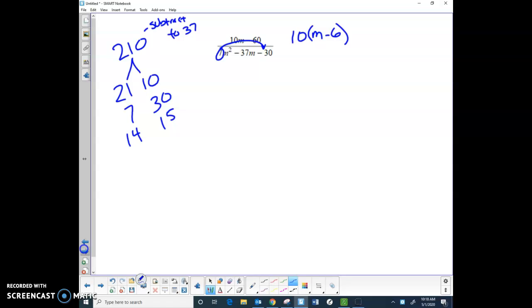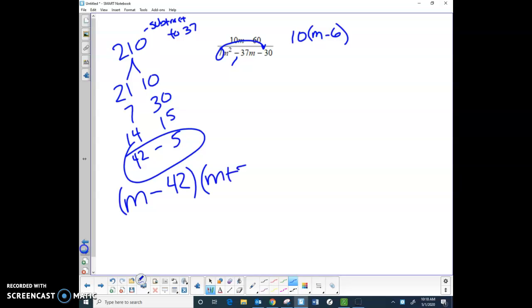So 15 is 3 times 5. 3 times 14 is 42, so 42 times 5 should work. And if I subtract those two, I get 37. This is the one I want. So my factored form is going to be m, and since the 37 is negative, I'm going to have a negative 42 and a positive 5, because negative 42 plus 5 gives me negative 37.